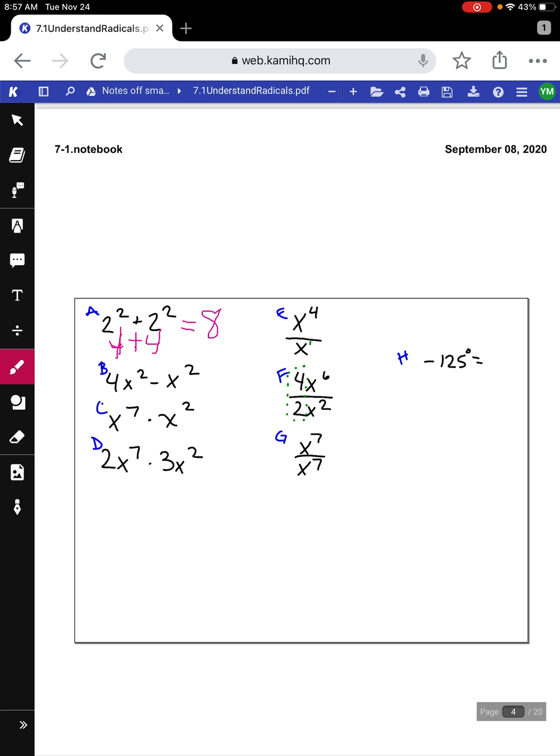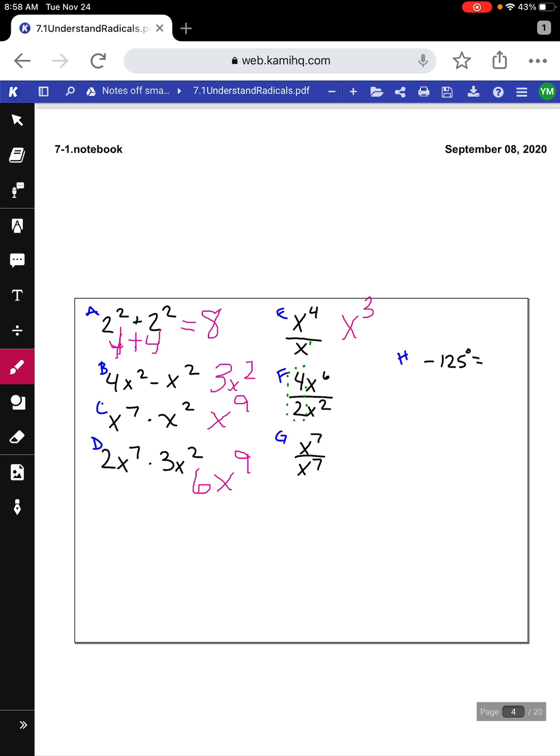Again, you're adding. When you come to subtraction, you're just counting. So this would be 3x squared. This is multiplication, so I'm going to add those exponents, x to the 9th. Multiplication, you treat the numbers the same, so 2 times 3 is 6, and then I add the exponents. For E, there's an imaginary 1 with every plain number. So you subtract, this would be x to the 3rd.